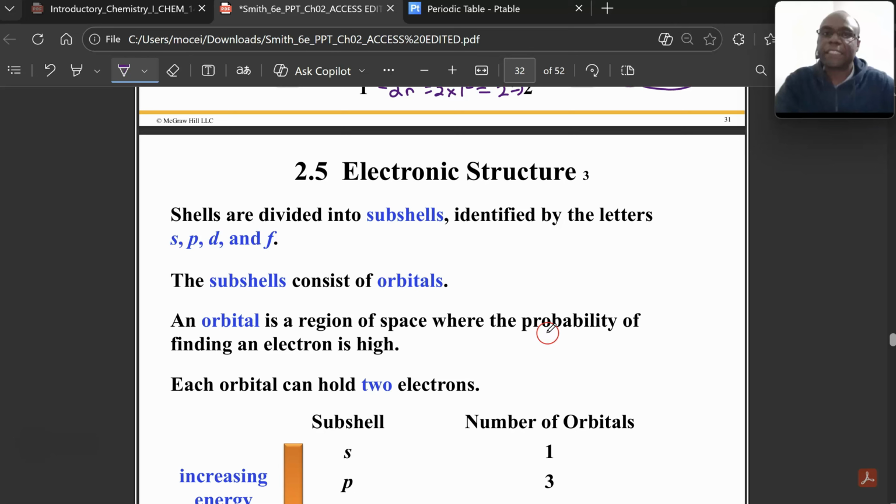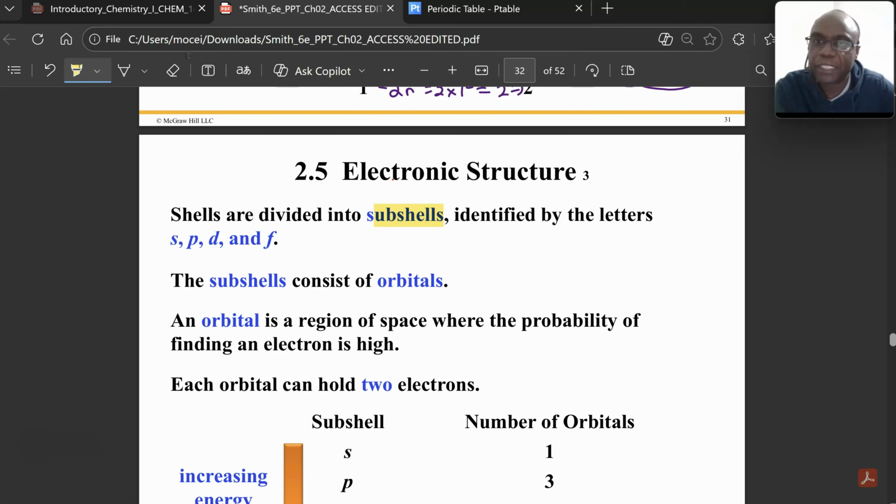Now, the shells themselves are divided further into sites that we call subshells, identified by the letters S, P, D, F. And these can further be divided into orbitals. So now the S contains just one space where the electron can be.